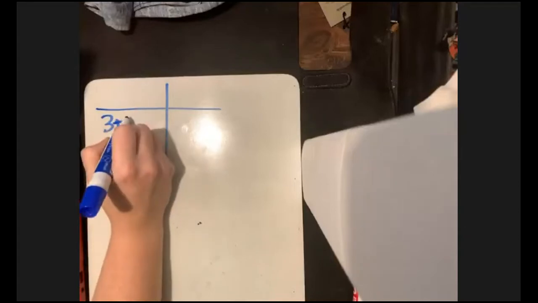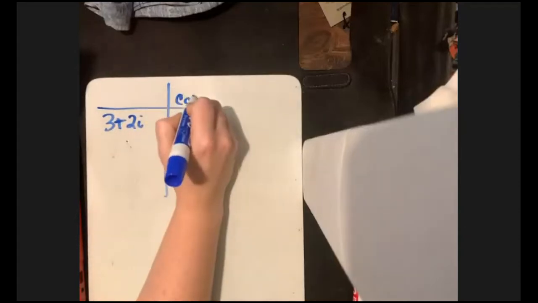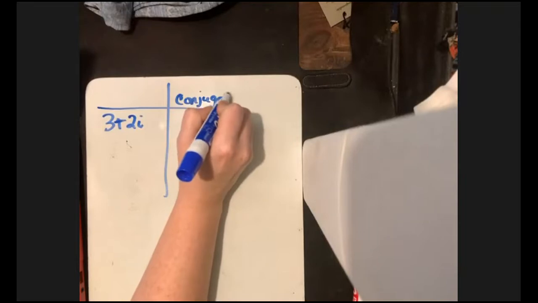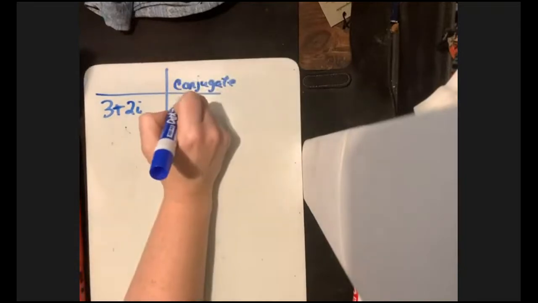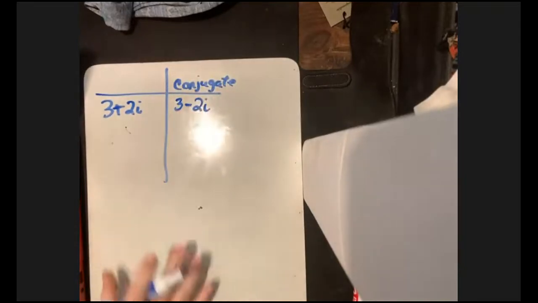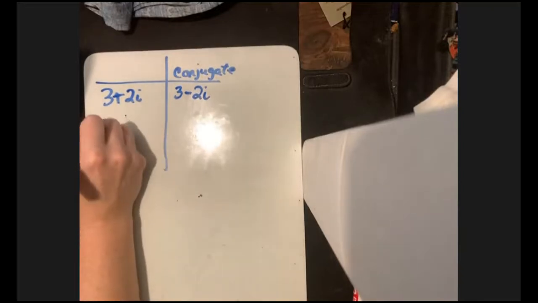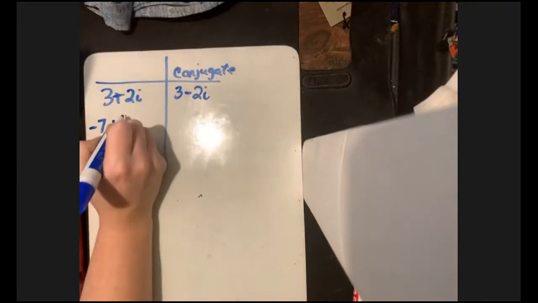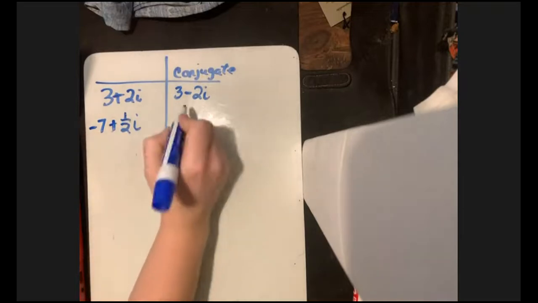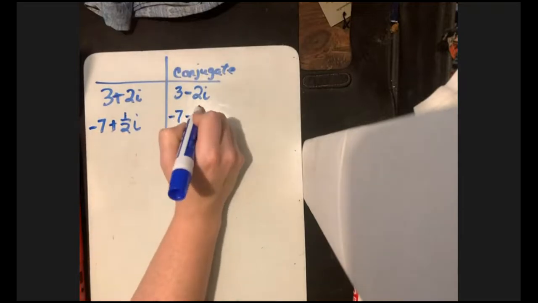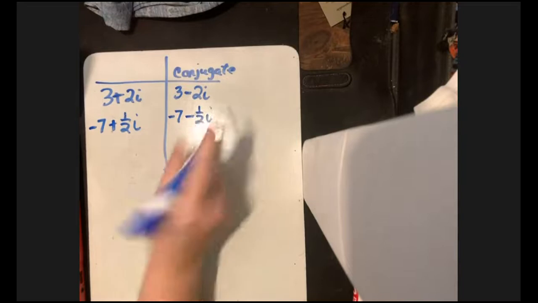So let's say I have 3 plus 2i. Then the conjugate of that is 3 minus 2i. If I had negative 7 plus half i, this is negative 7 minus half i.